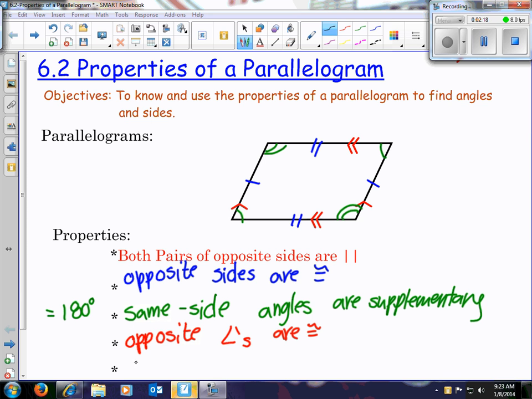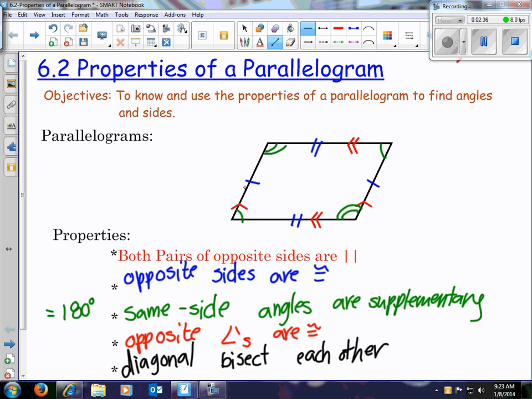And the last thing we need to know is that our diagonals bisect each other. So that means if I were to put in some diagonals going from one corner to the other corner, like this, then I know that this piece is congruent to this piece, and this piece is congruent to this piece.